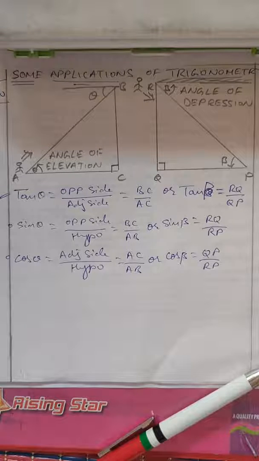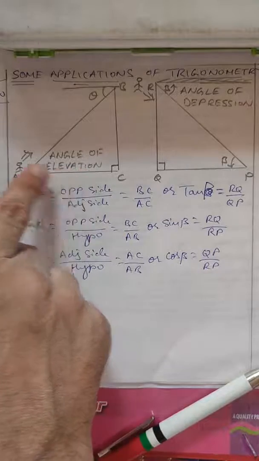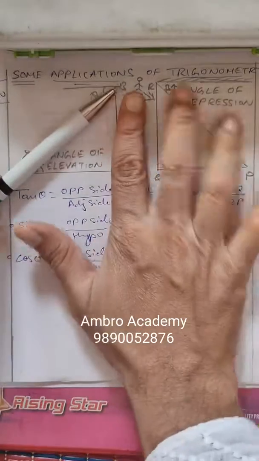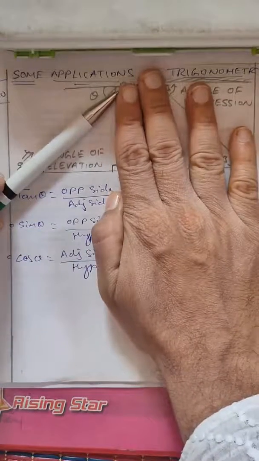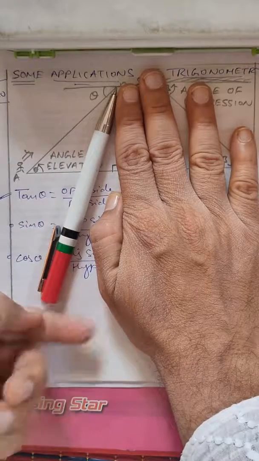Next important thing, whenever we are finding application to trigonometry, they may say that a person is moving close to the building. When the person is moving close to the building, see, this is the angle, this is the building tower, and this is the angle. When the person moves close, you will clearly find the angle increases.